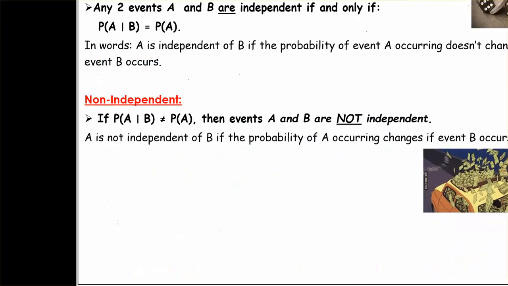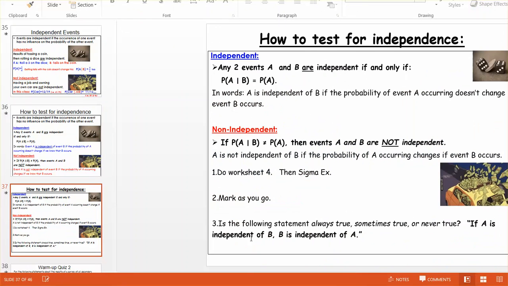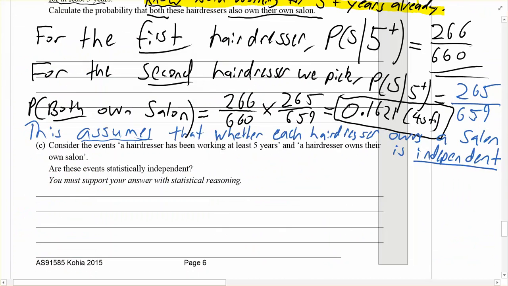Okay, so we go back to the question we're doing. So that's here. And the event, a hairdresser has been working at least 5 years, and a hairdresser owns their own salon. So 5+ years, and we called it S for salon. Okay, so are they independent?